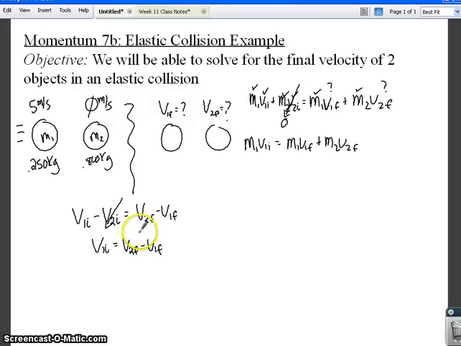Why v2 final? It doesn't matter. It could be this one as well. I just noticed that if I add v1f to both sides, v1I plus v1f equals v2 final. By adding that, I'm going to have positive signs all the way across, and it's going to be simpler.